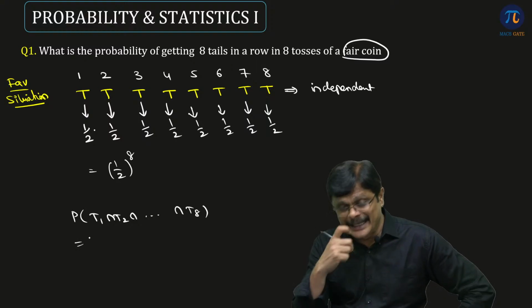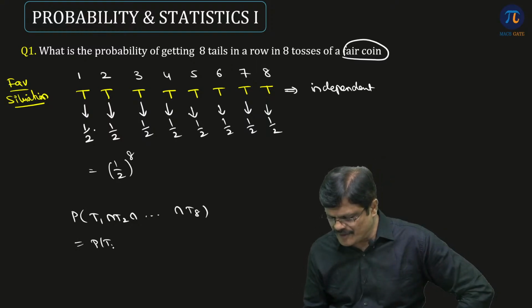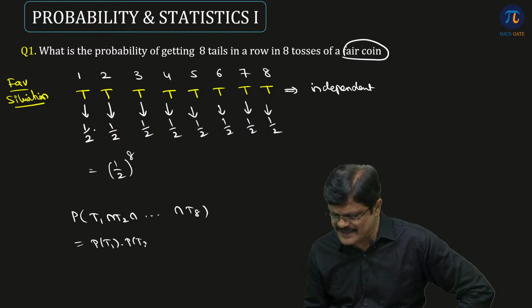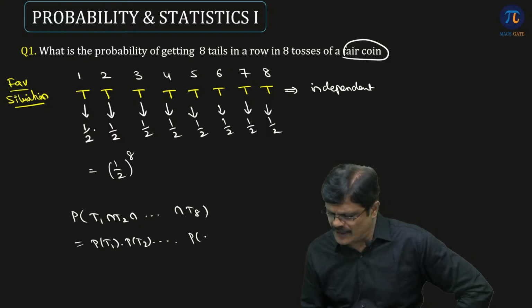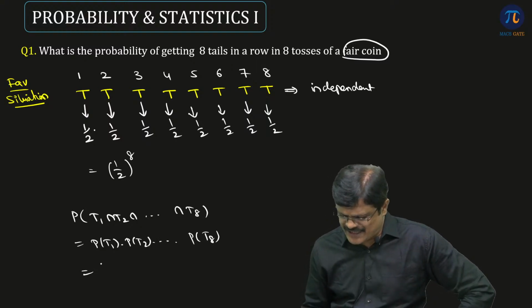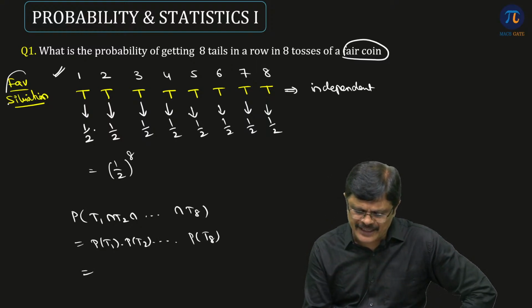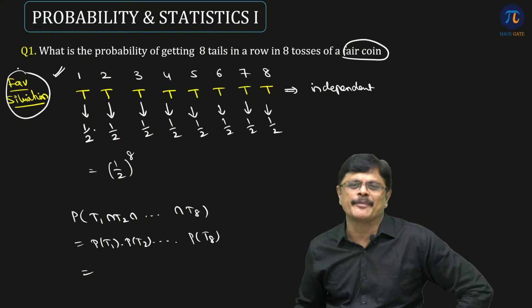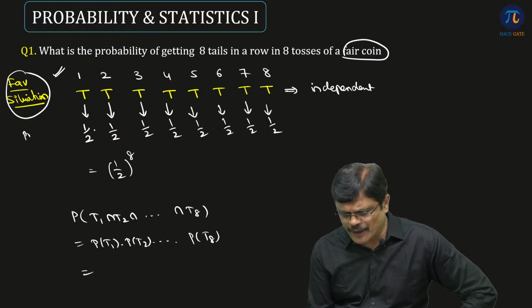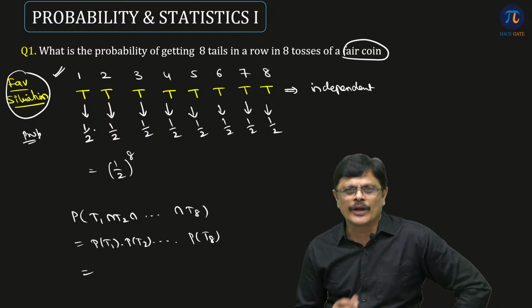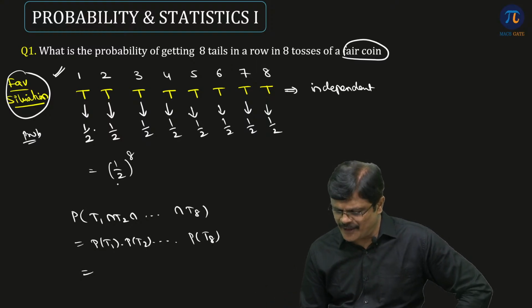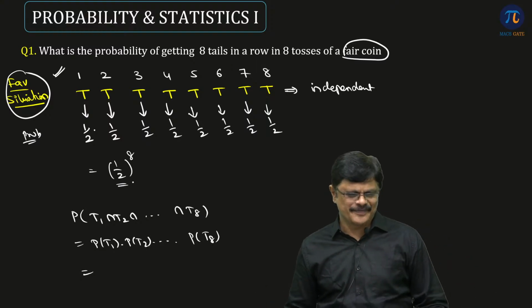Because they are all independent, it is simply probability of tail in first toss, probability of tail in second toss, and so on, probability of tail in 8th toss. Instead of writing like this, we are just showing the favorable situation and finding the probabilities. So for this event, all these probabilities are multiplied and you get the answer 1 by 2 power 8. Is the idea clear?